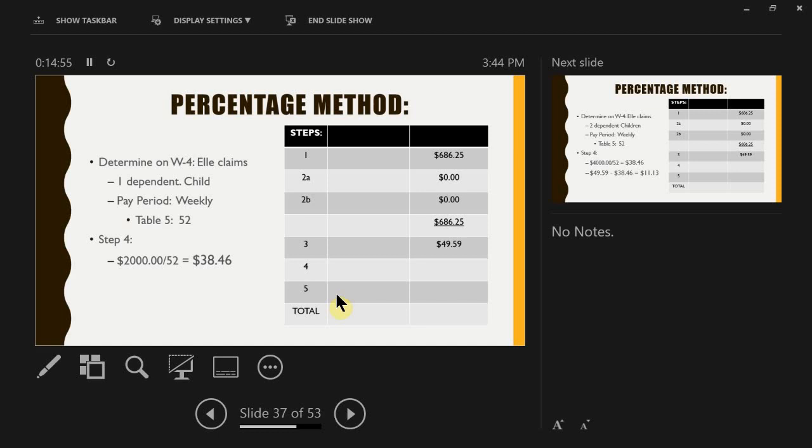Therefore, this is going to be deducted from the tax. All right? And once we deduct it from the tax, she still has to be paying $11.13. Okay?